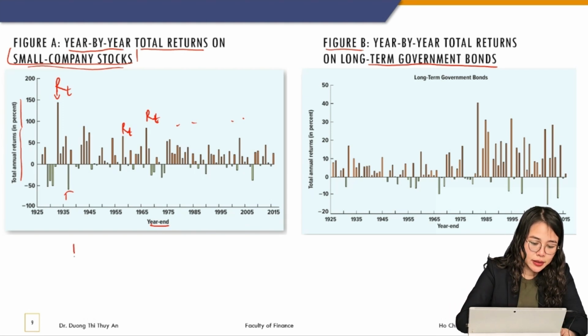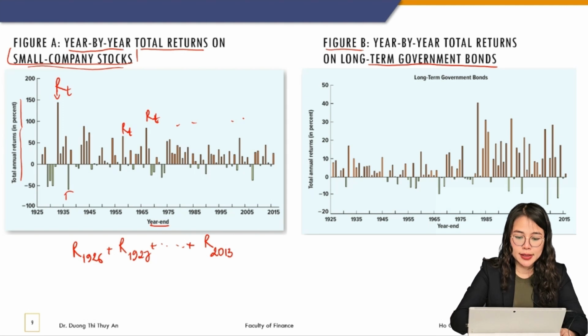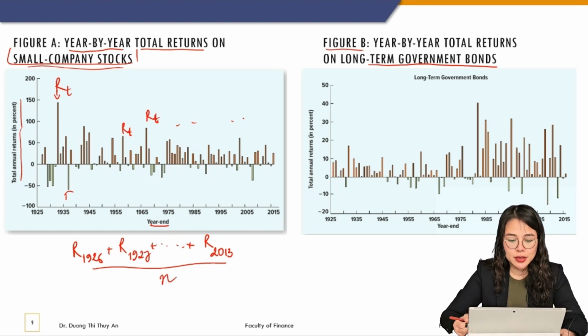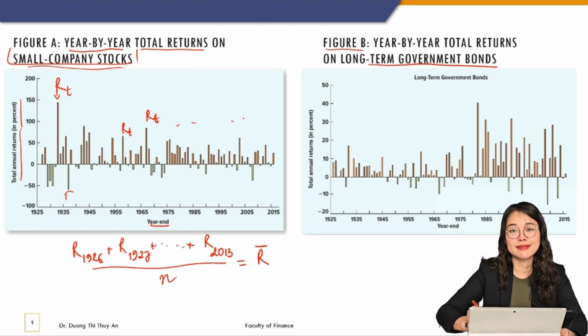So we take all the R_t, for example, R of 1926 plus R of 1927 plus and so on, plus the return of 2013, and we divide it by the number of years between 1926 and 2013. And this gives us the average return per year.